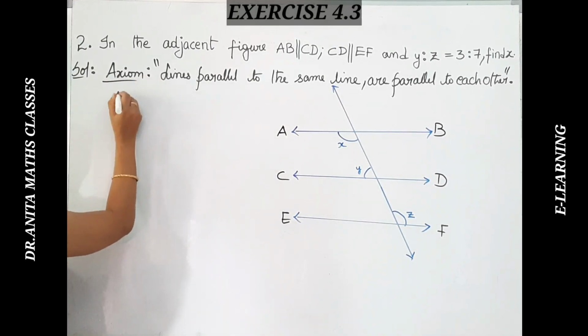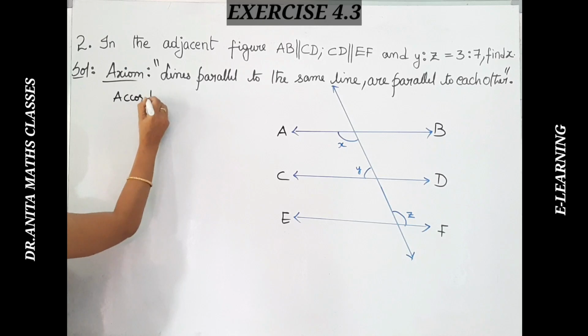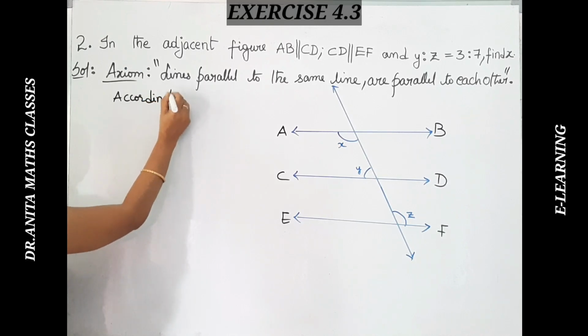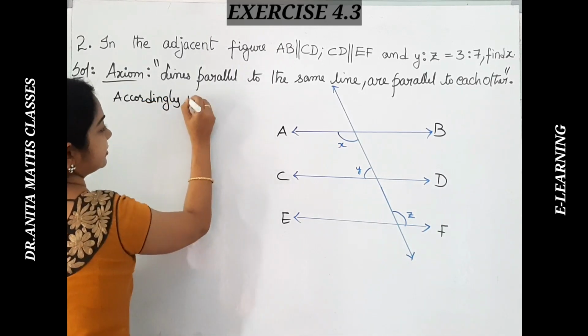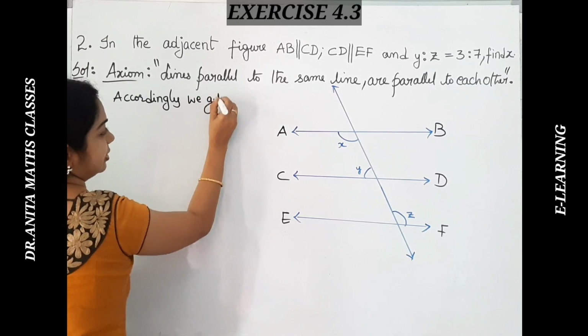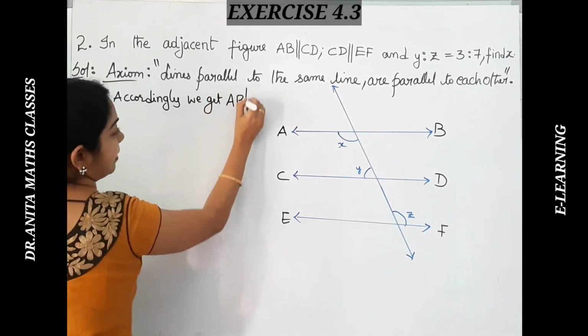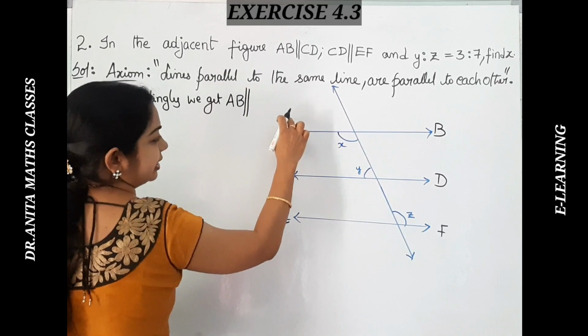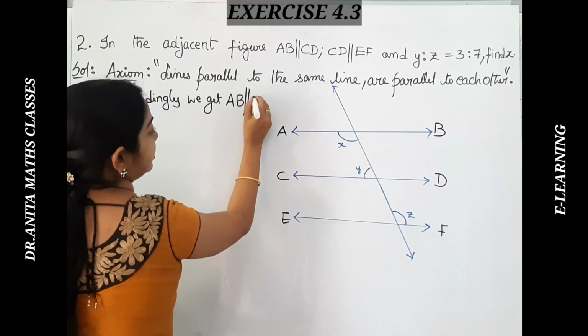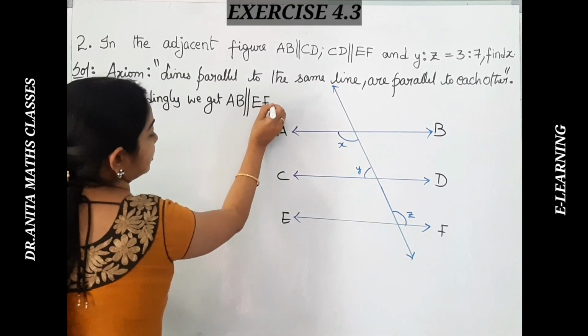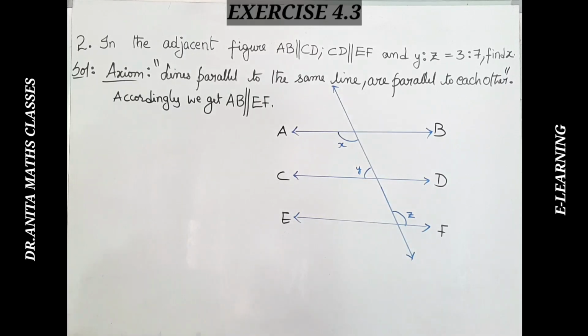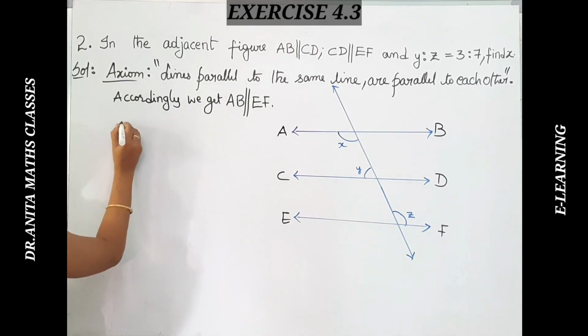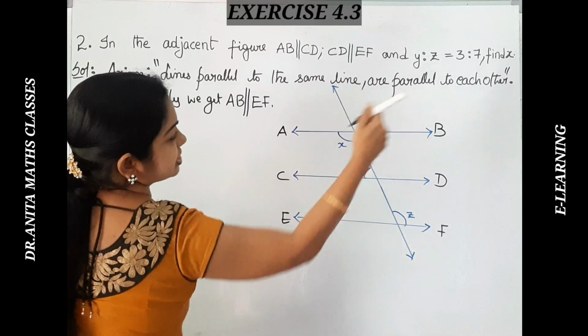So accordingly, according to the axiom, we get AB parallel to EF. Now, also given Y is to Z is 3 is to 7.